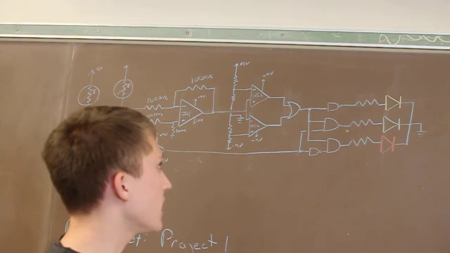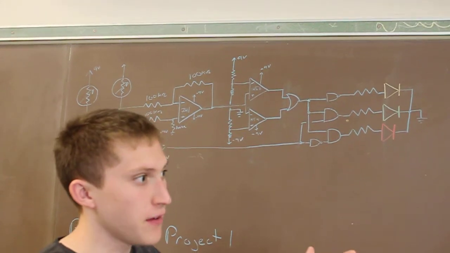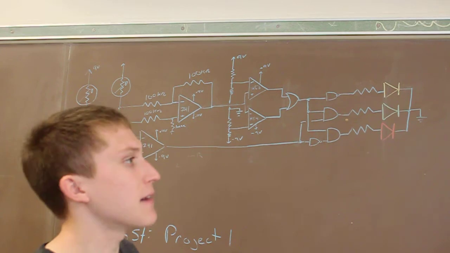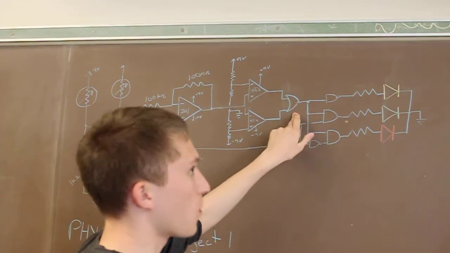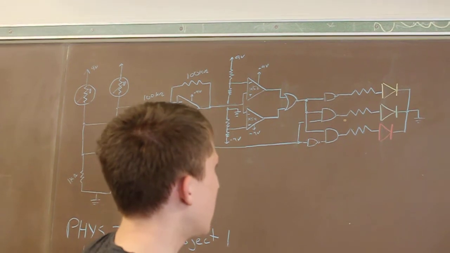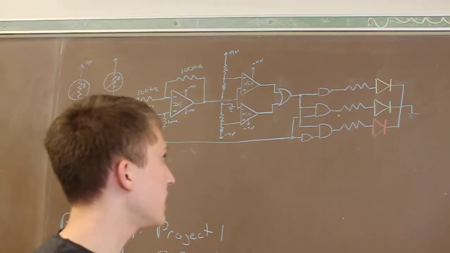And if the differencer returns a value that's either above half a volt or below minus half a volt, it returns a high value. So you send that through an OR gate, and the OR gate basically checks to see if either one of those are true, and if it is, it returns high.